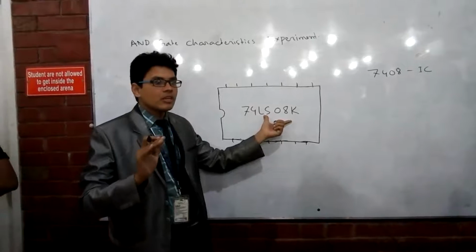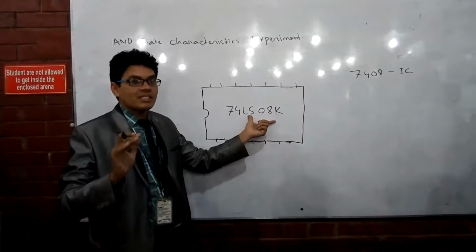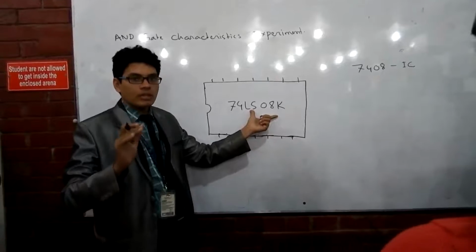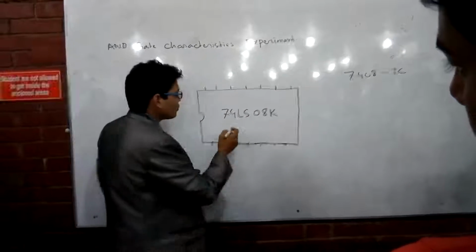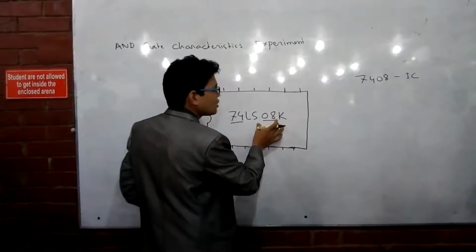We do not need to know which manufacturer produced this IC. We need what characteristics it carries out, what type of IC this is. That is told by the numeric values only, which is 7408.